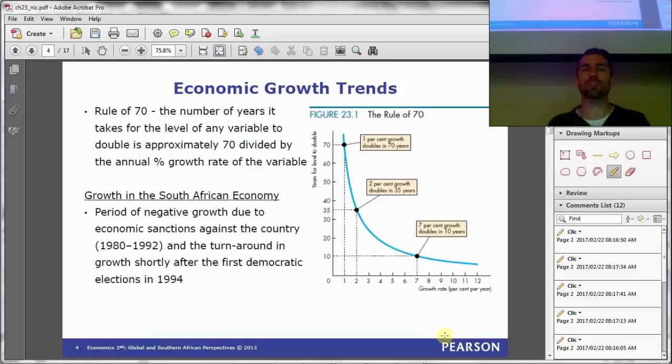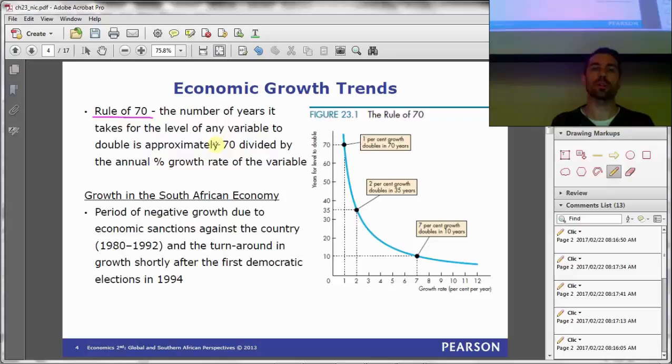I think I mentioned briefly last week, or maybe I didn't, the rule of 70, which is a quick way of calculating a growth rate. The rule of 70 gives you the number of years it takes for the level of something to double.